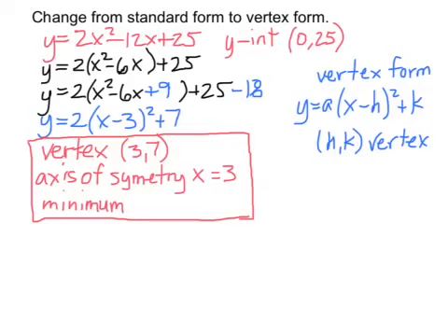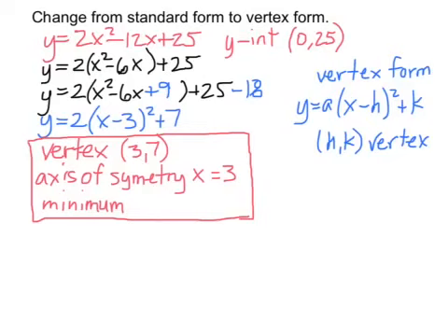To do that, I am going to have to complete the square. Notice in this equation, y equals 2x squared minus 12x plus 25, I'm not going to set it equal to 0 because I'm not trying to solve it. I'm trying to put it into a format that has y on the left-hand side. I'm going to do some very similar things to it.